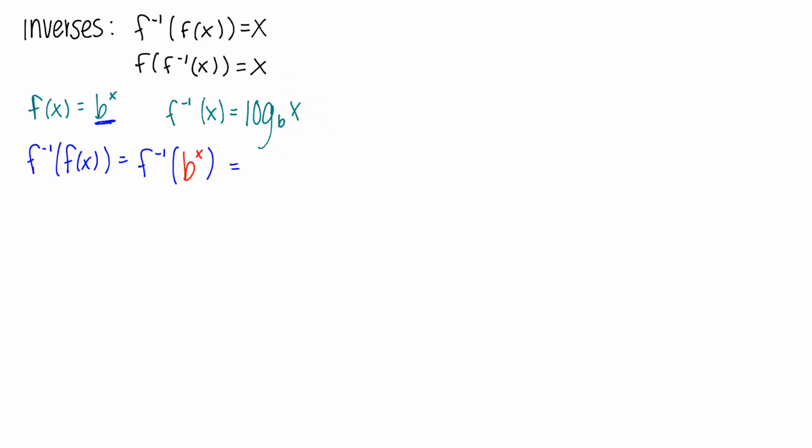We're just going to replace the x with b to the x. And by definition, because I'm telling you that these are inverses, this has to be equal to x. So, big important thing I'm saying right now, log base b of b to the x is equal to x.